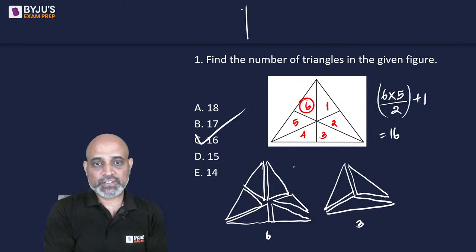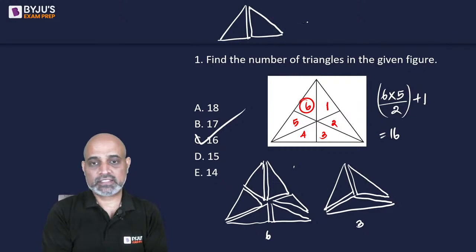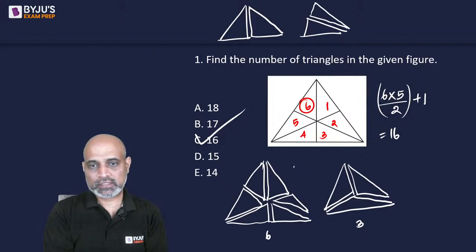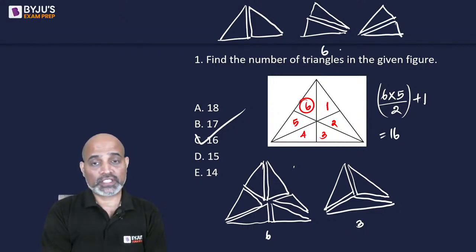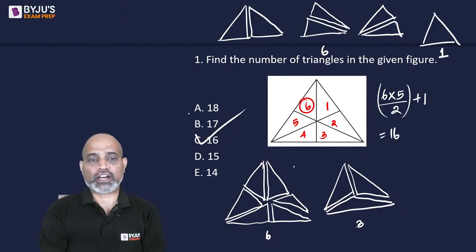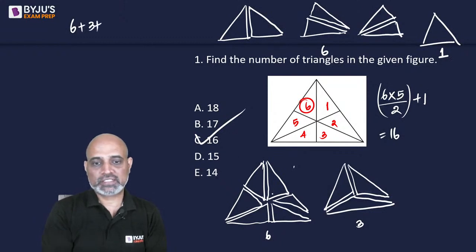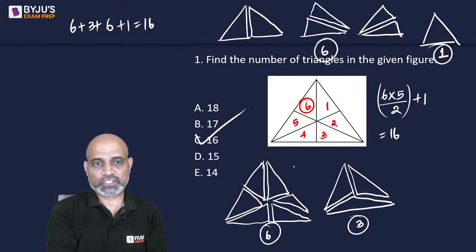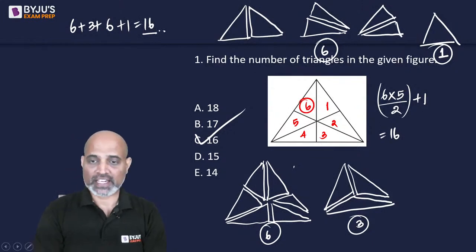Then next we can divide the triangle into these parts. So you will have 2 like these, then you will have 2 like these, and then you are going to have 2 like these, a total of 6 triangles here, and then you have one large triangle. So you have got 6 plus 3 plus 6 plus 1. Total of 16 triangles, right? Or you can just remember this formula.